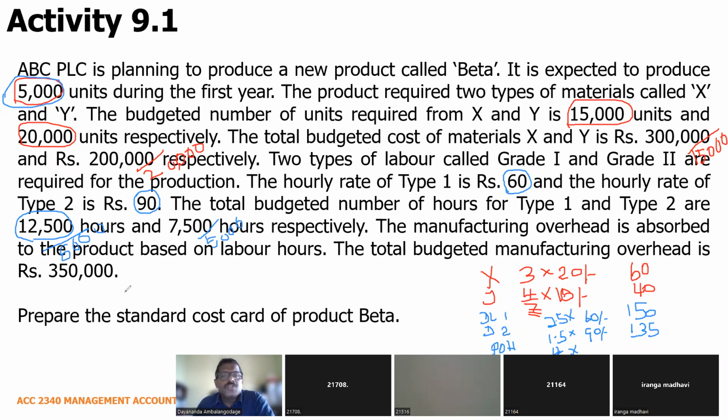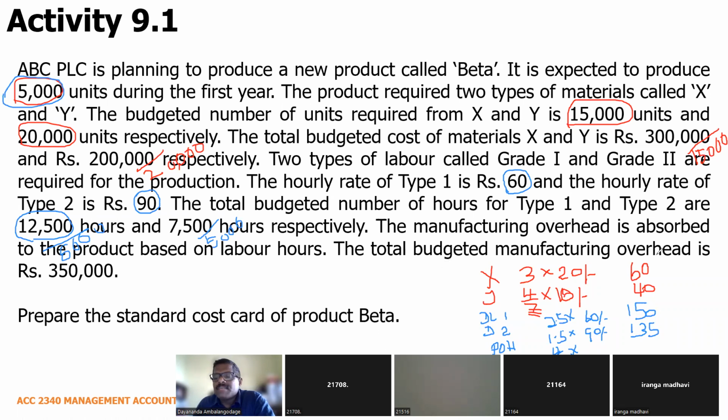So that, of course, you have to find out the manufacturing overheads. Since I don't have much time and space here, we will just look at it. So you can remember how we calculate the X, Y, and direct labor 1, direct labor 2.